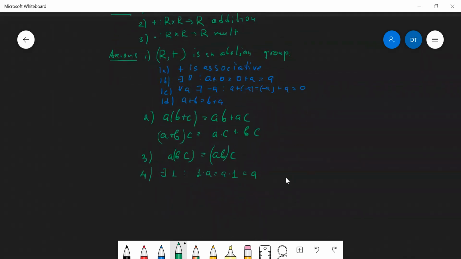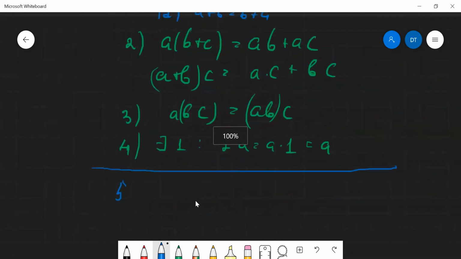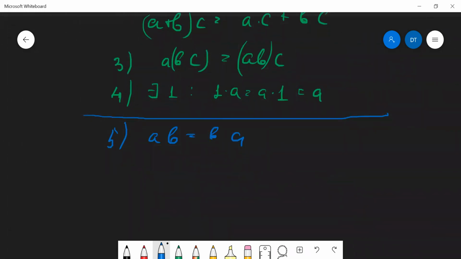And then we can add property number 5, which says that AB equals BA, which means that the ring is commutative. And then there is another pair of properties.